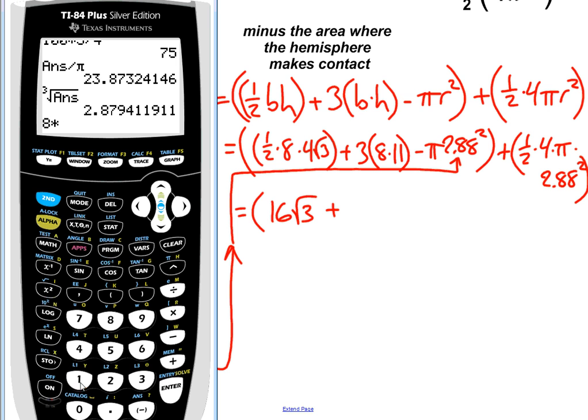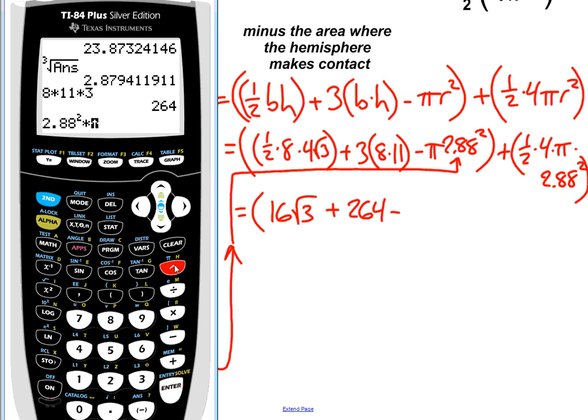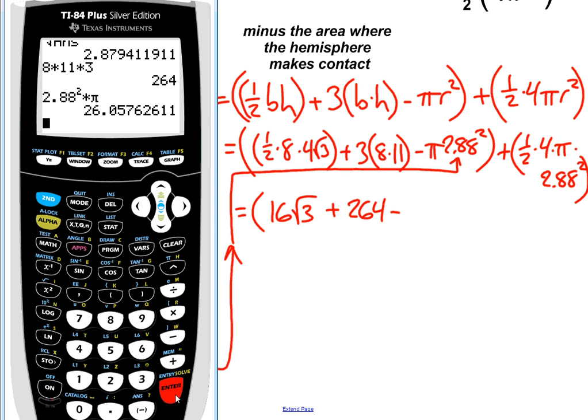8 times 11 times 3, that is 264. And then from that, we have to subtract 2.88 squared times pi. And we've got something in the neighborhood of 26.06. There's that first calculation, the triangular prism minus where the hemisphere is touching it.